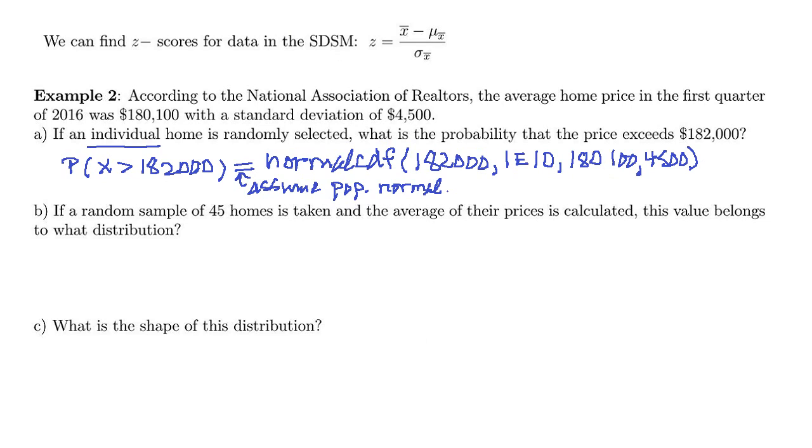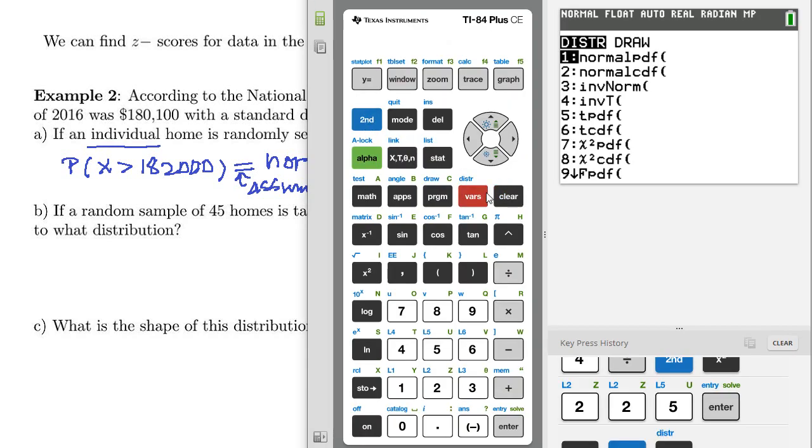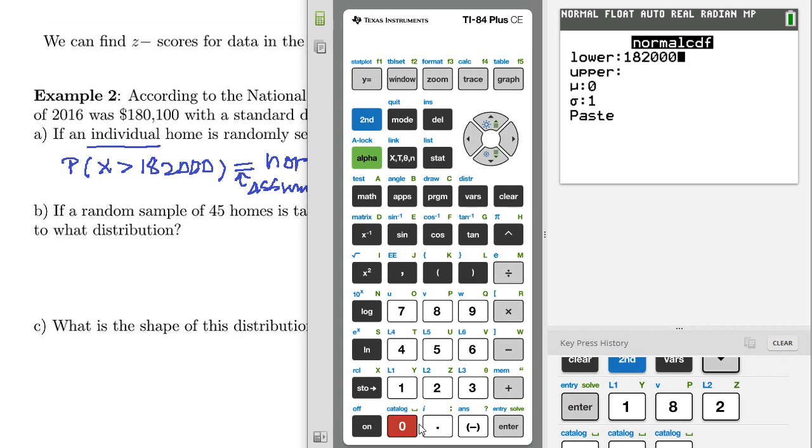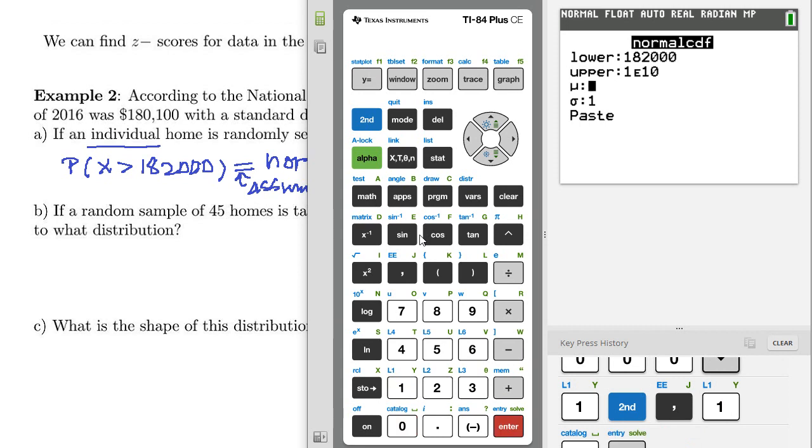So let's go ahead and compute that on the calculator. Second variables, go to normal CDF, number 2. Our lower, 182,000. Our upper, I'm going to do 1, and then the EE, so second function. So that's times 10 to the 10th. Mean, 180,100. Standard deviation, 4,500.